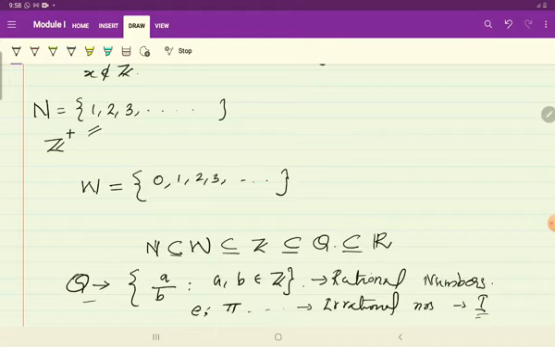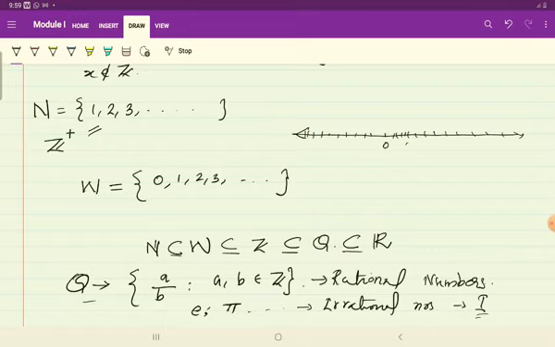Any number which can be represented on a line is called a real number, and the set of real numbers represents the real number system. We know irrational and rational numbers, all of them, can be marked on the real line. So this was a quick view of the number systems.